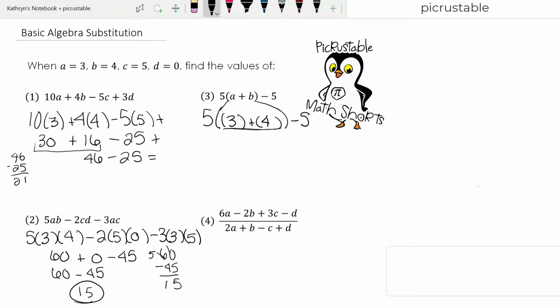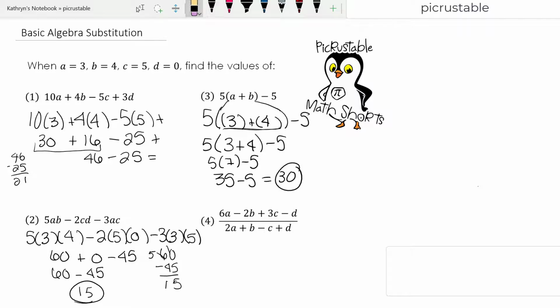So we have to do this first. So I'm just going to rewrite it because we have 3 plus 4 in here, minus 5. All right, 3 plus 4 is 7. Okay, we have to do multiplication and division before addition and subtraction. So 7 times 5, 5 times 7, pardon me, is 35. Minus 5 is 30.